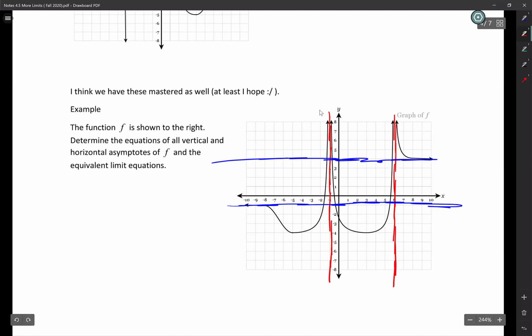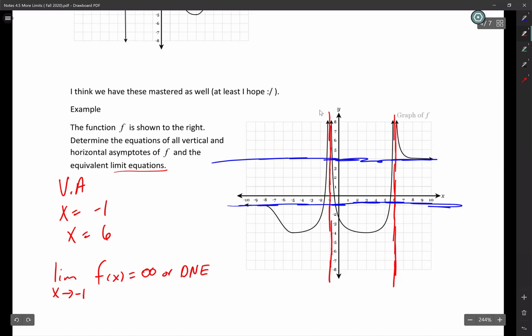All right, we're ready. So let's do the ones in red. So I'm color coding them. So I'm gonna write VA, x equals -1, and x equals 6. What else did it say? And the equivalent limit equations. Okay, so since at -1, they're both approaching positive infinity, I'm gonna say limit as x approaches -1 of this function equals positive infinity or does not exist.